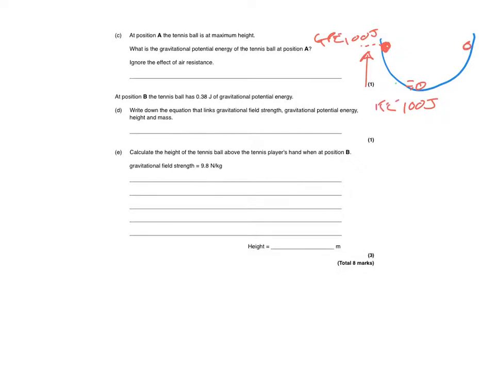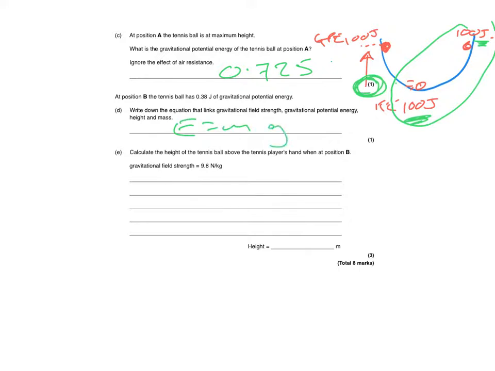And then back up to the top, assuming there's no air resistance, the maximum you could get is 100 joules of GPE again. It's the same idea. If you start off with 100 joules of kinetic energy, what's the maximum gravitational potential energy you can get? 100 joules. There's a way to spot it as well. It says 1 mark there. So we're not doing any calculating yet, we want a number. So the answer's the same, 0.725.